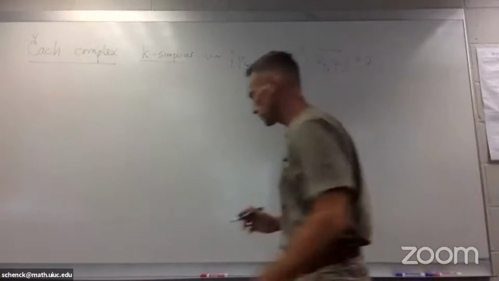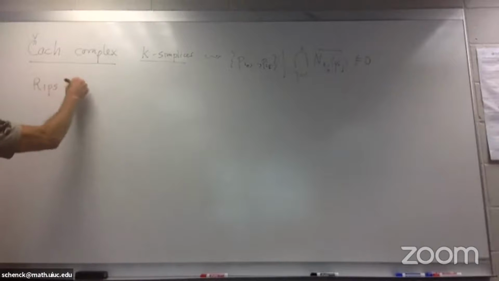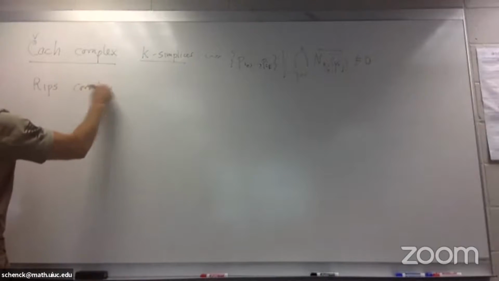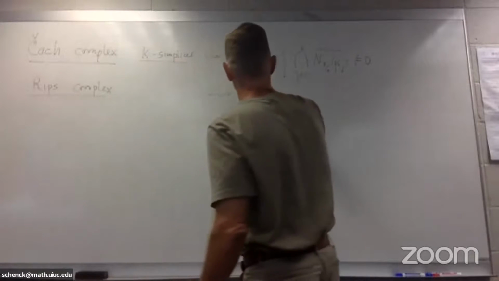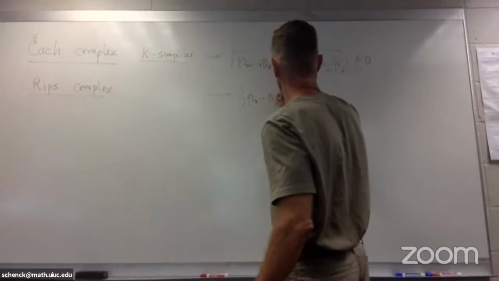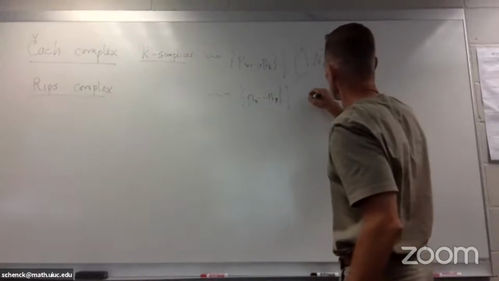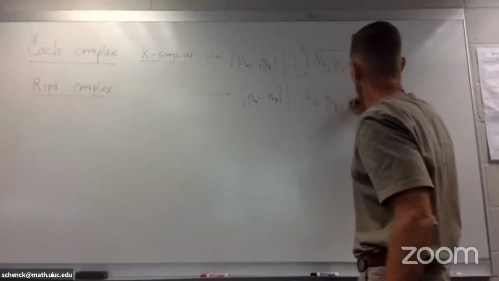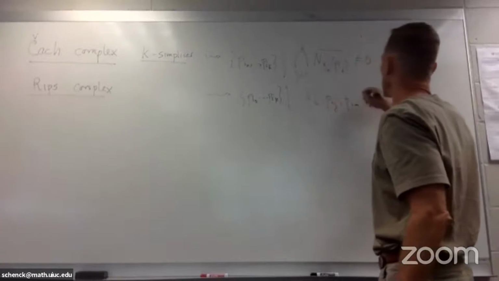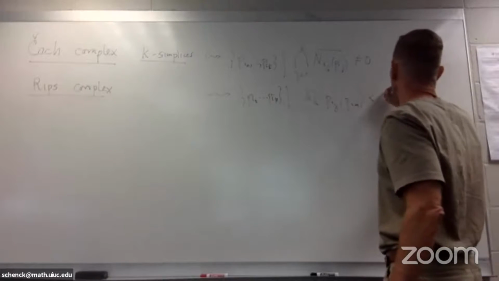And the other complex that we use is the Rips complex. Here, this corresponds to the same p_i0 through p_ik, such that all I need is that the distance from p_ij to p_im between any 2 points is less than epsilon.